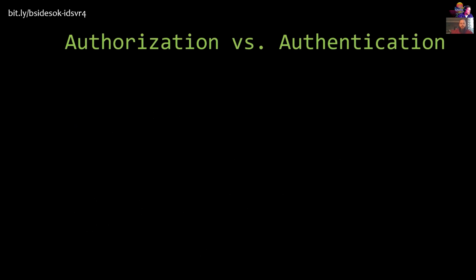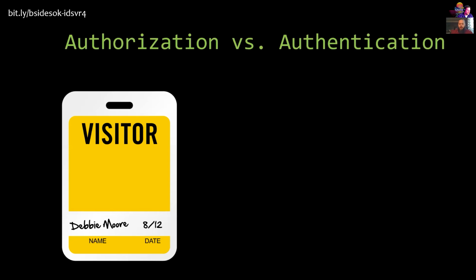All right, so first off, authorization versus authentication. This is a critical piece of information to have a good handle on when you're doing anything with security. Authorization is like when you go to your kid's school: you get a temporary badge, somebody signs a log, and you're given a visitor pass.